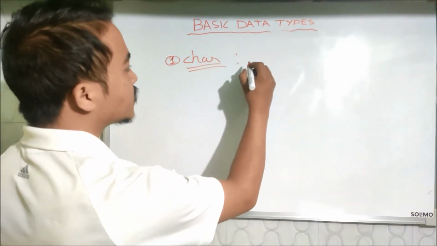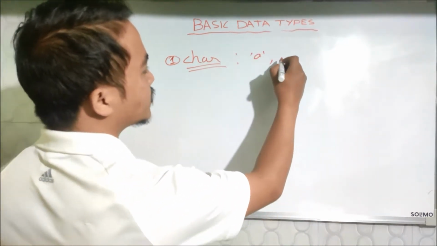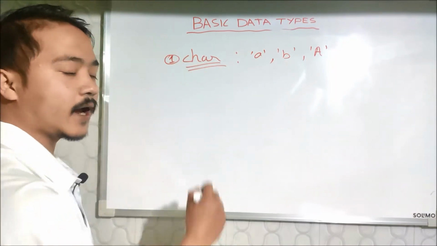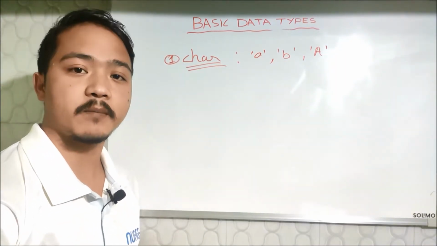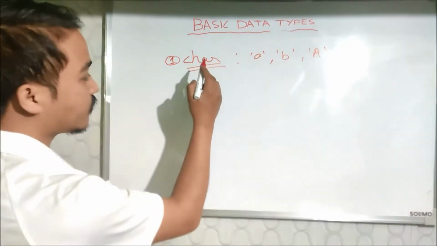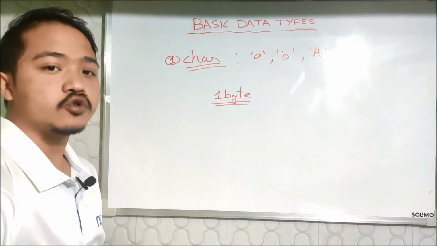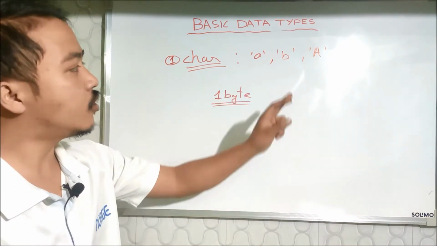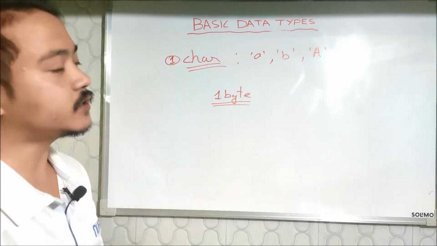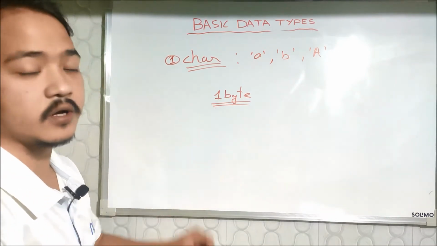So it stores a single alphabet, a single character A, or let's say B, or capital A. A char data type stores a single character in memory, and the size of this data type is 1 byte. If you want to store any character A or B or C, you have to declare it under the char data type, and the memory consumed is only 1 byte.